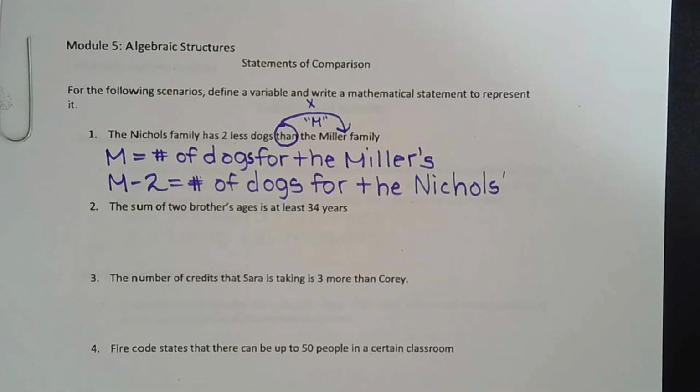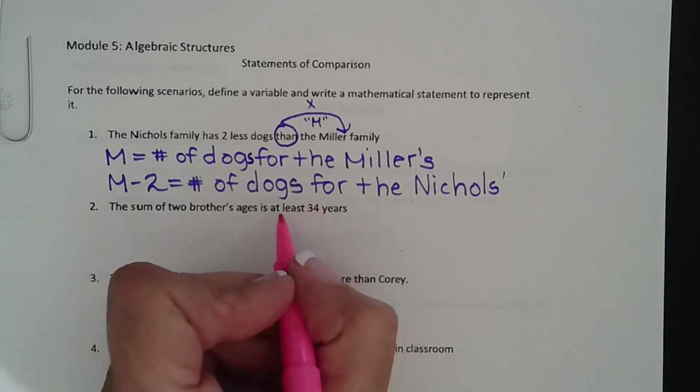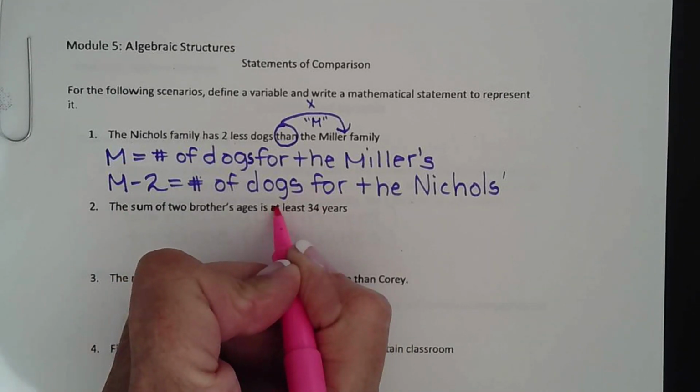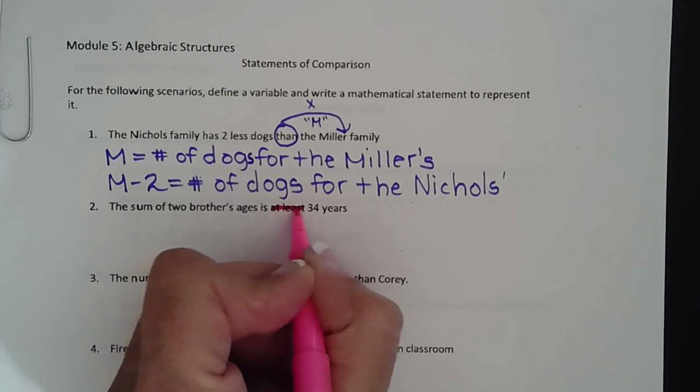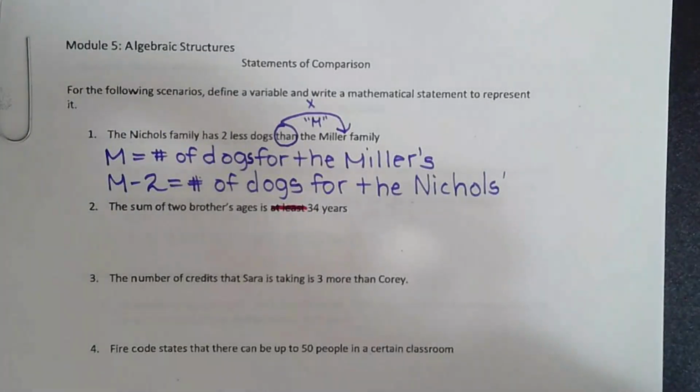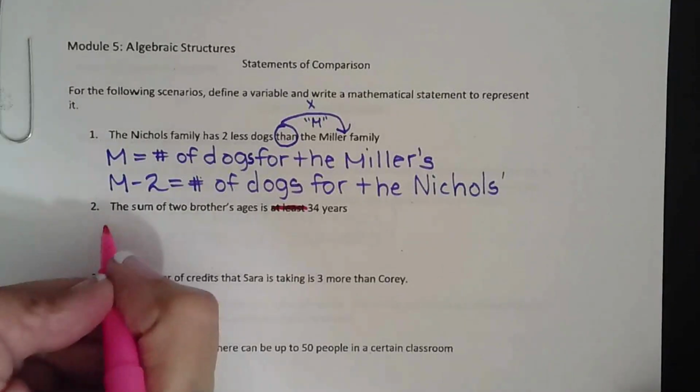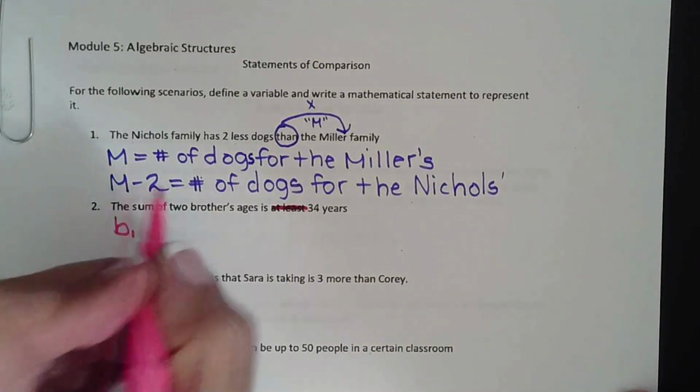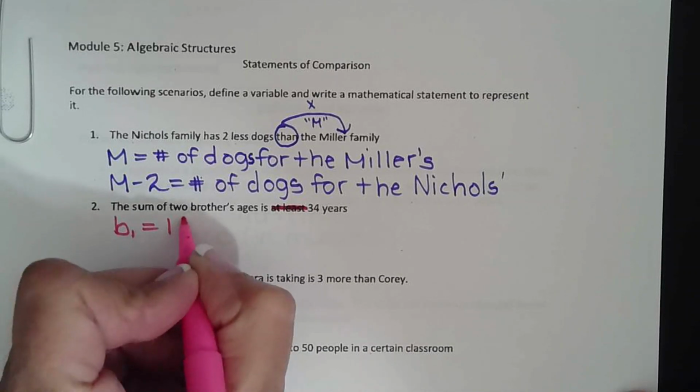So that means, let's just change it to is, because that just kind of adds confusion to it for you guys. So the sum of 2 brothers' ages is 34 years. So I could say B1 is the first brother's age.